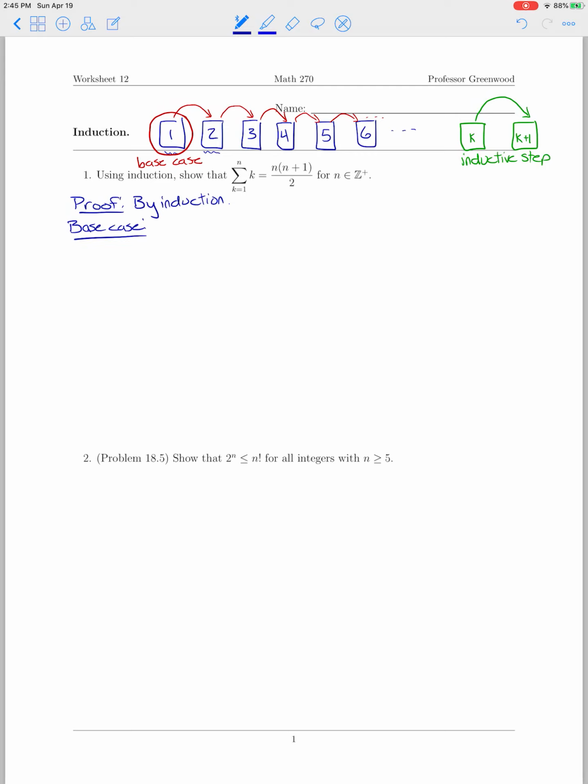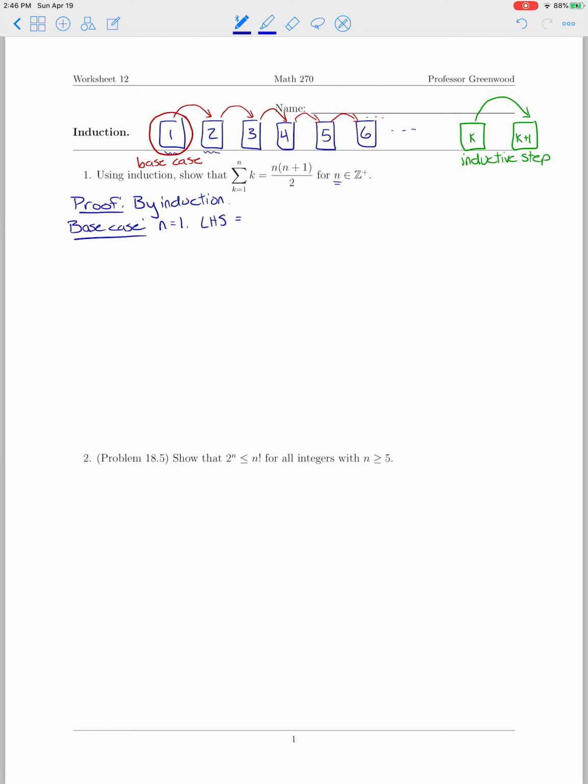And so the base case will be when I plug in the smallest possible n value for which I want the statement to be true. And so for here, because n is in the positive integers, the smallest n value will be n equals 1. And now I have to check that for n equals 1, the left-hand side and the right-hand side of the equation I'm trying to show are actually equal to each other. It is really important that you actually make it clear that you're verifying that the left-hand side is equal to the right-hand side instead of just plugging in numbers without making it clear.